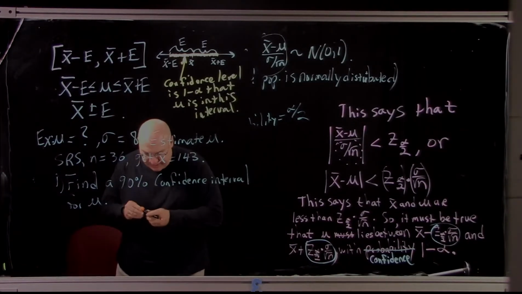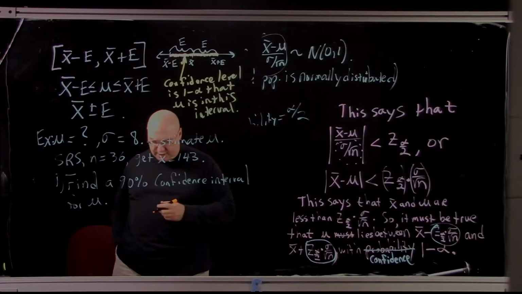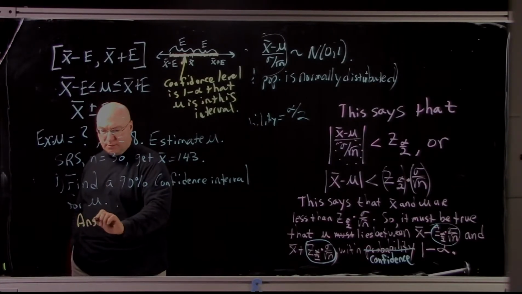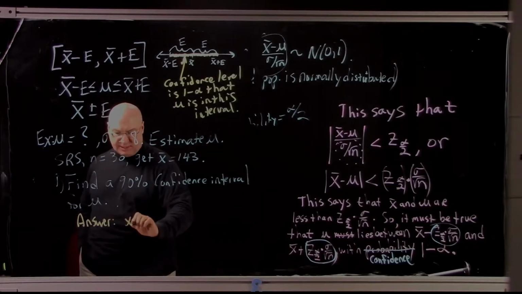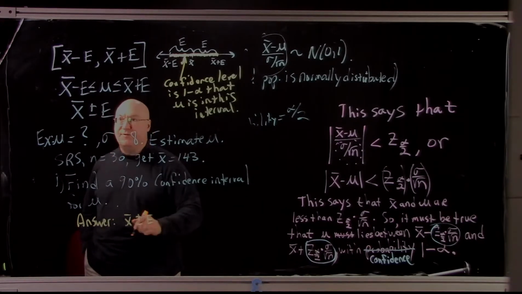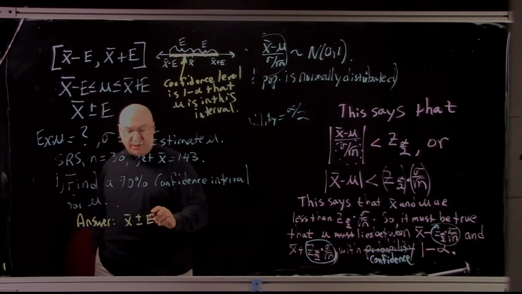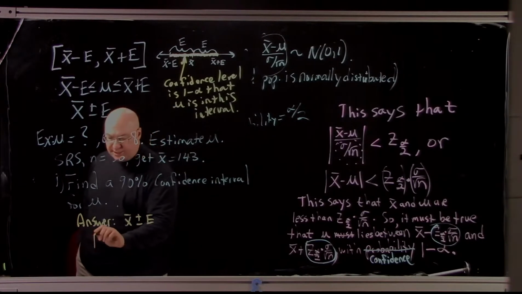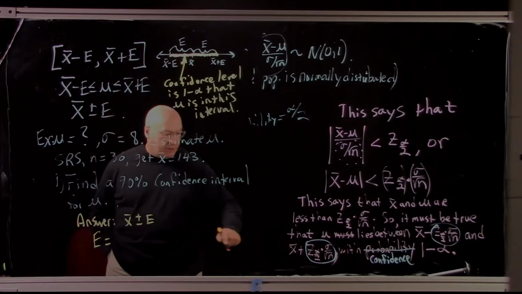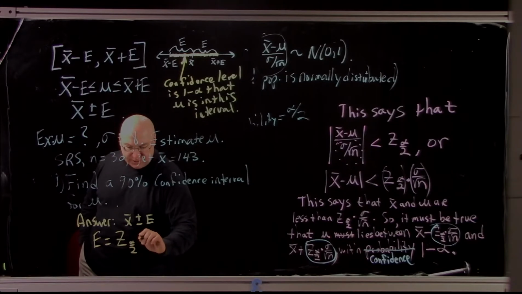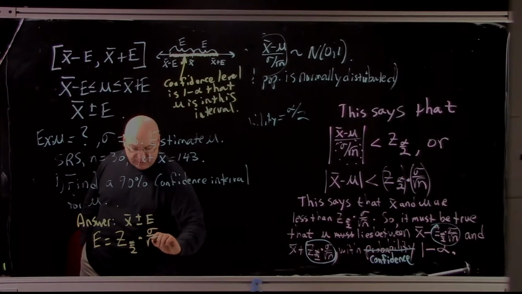Well, the answer is x bar plus or minus e if I use this notation, right? I know what x bar is, it's 143, but I just have to figure out e. So e equals z alpha over 2 times sigma over the square root of n.